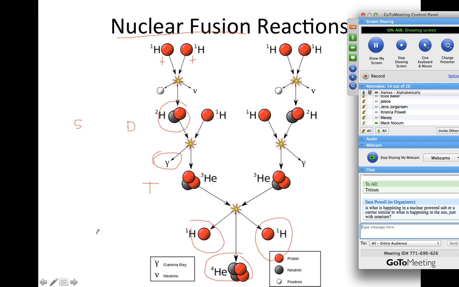In the nuclear reactors, like you have in a nuclear power submarine or a nuclear plant, the reaction is called nuclear fission, okay?